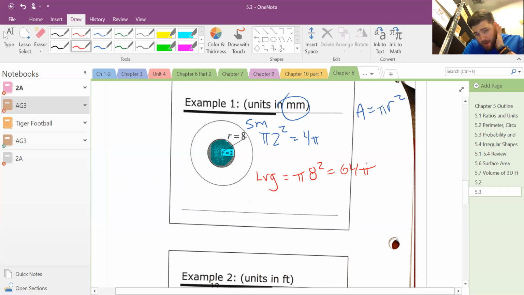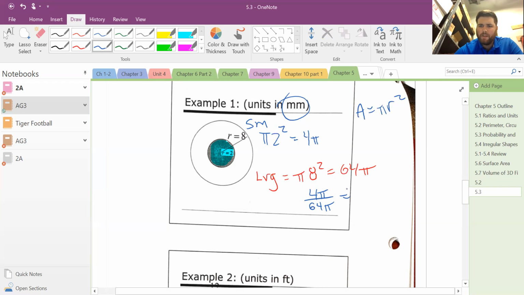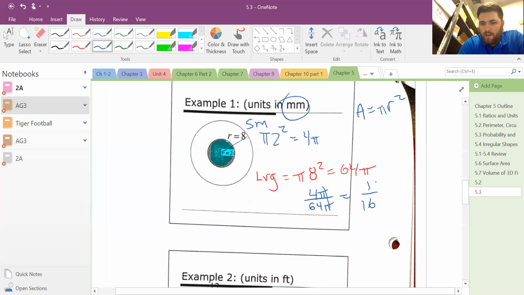Now I want to find 4 pi over 64 pi, my desired, shaded region over the total. We can reduce that. What's 64 divided by 4? 16. So the pi's cancel, and I have 1 over 16.